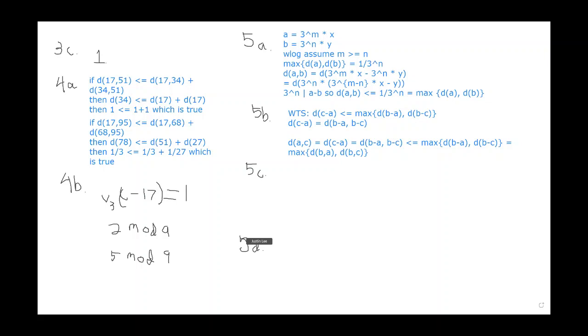Although you can have A equals C not equal to B, so that is a case that is possible, but nonetheless, d of AC is less than d of AB plus d of BC, which we proved. Okay, so this looks correct.